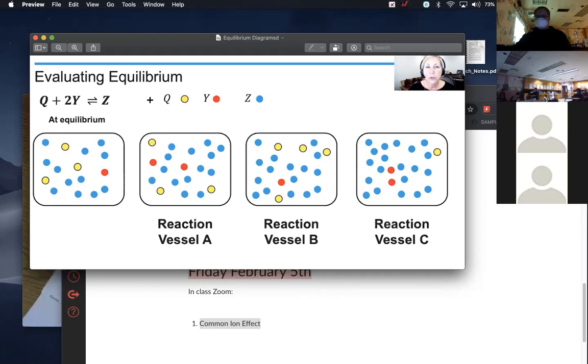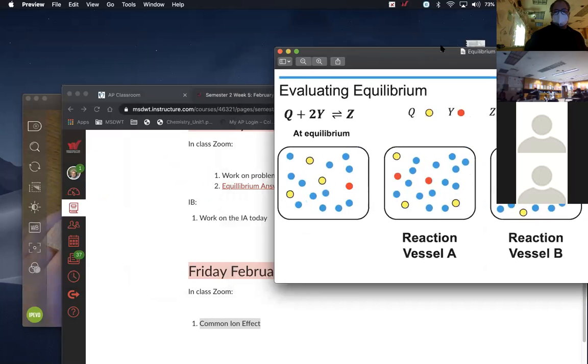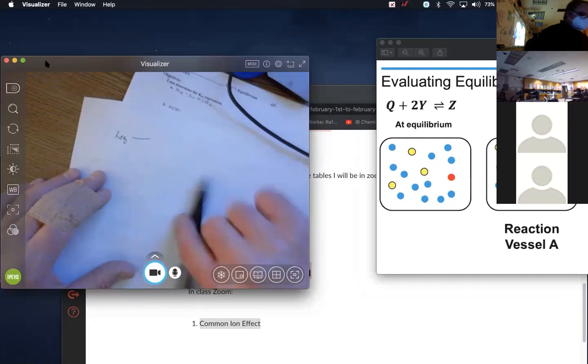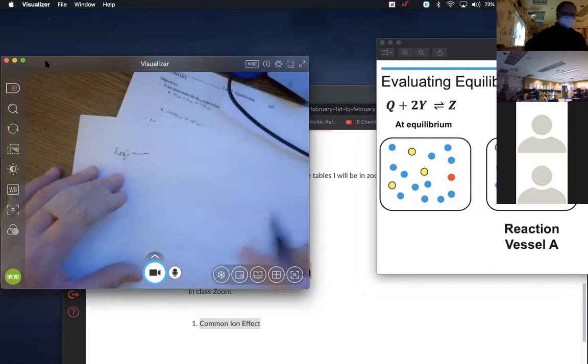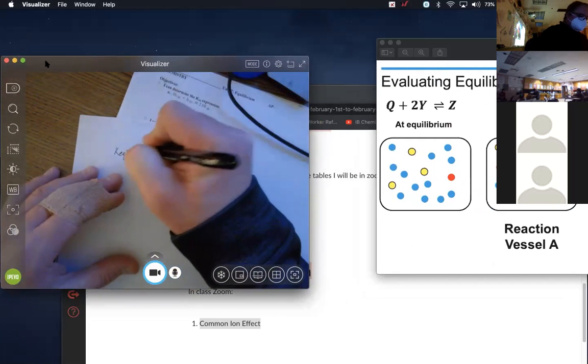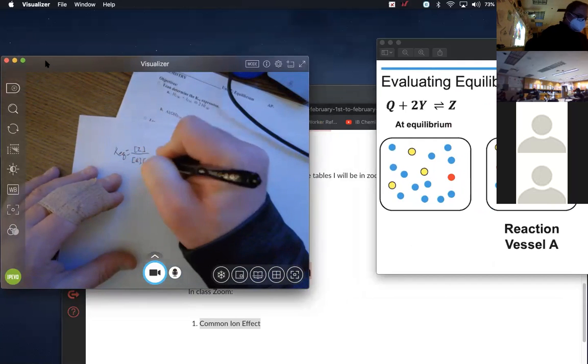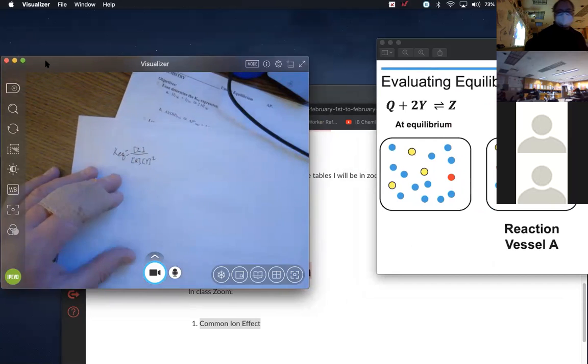I need a pen. So at equilibrium, K would be Q, and I want to bring this over here and put this right here. K would be Z over Q and Y squared.